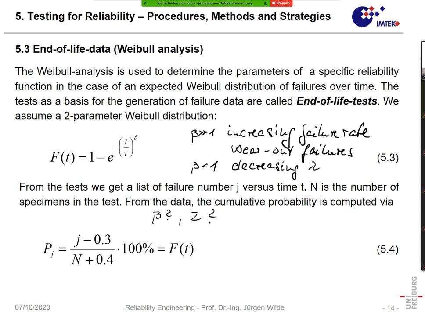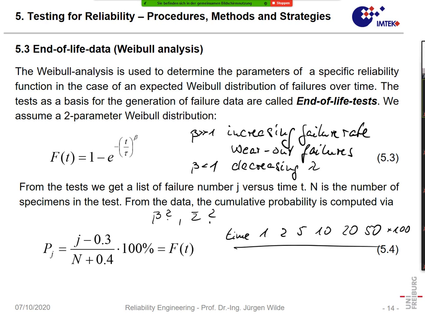Now we do a testing, and for that testing we have two data. One is the time. Let's just say 1, 2, 5, 10, 20, 50 times 100.